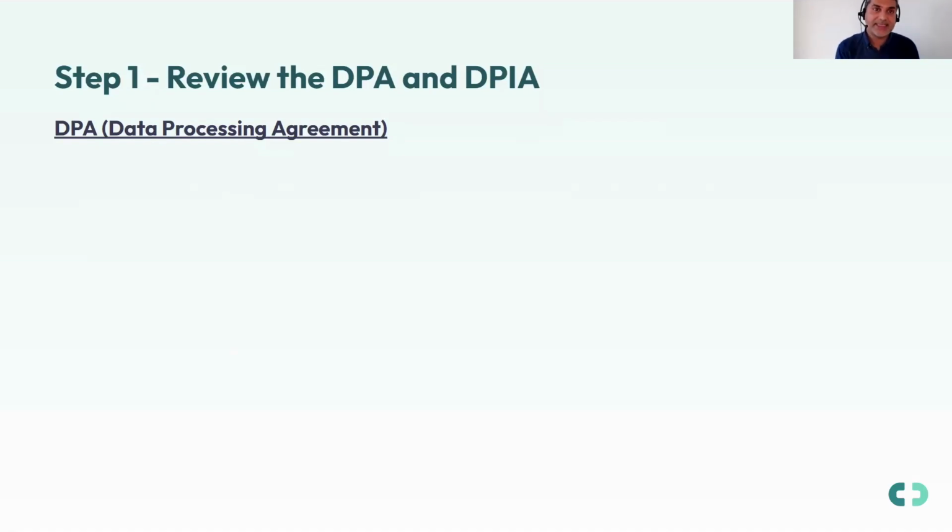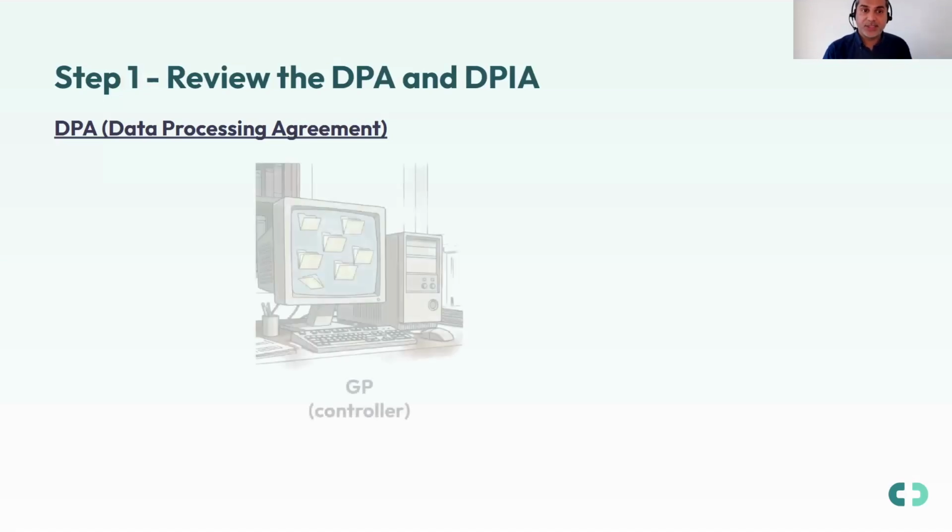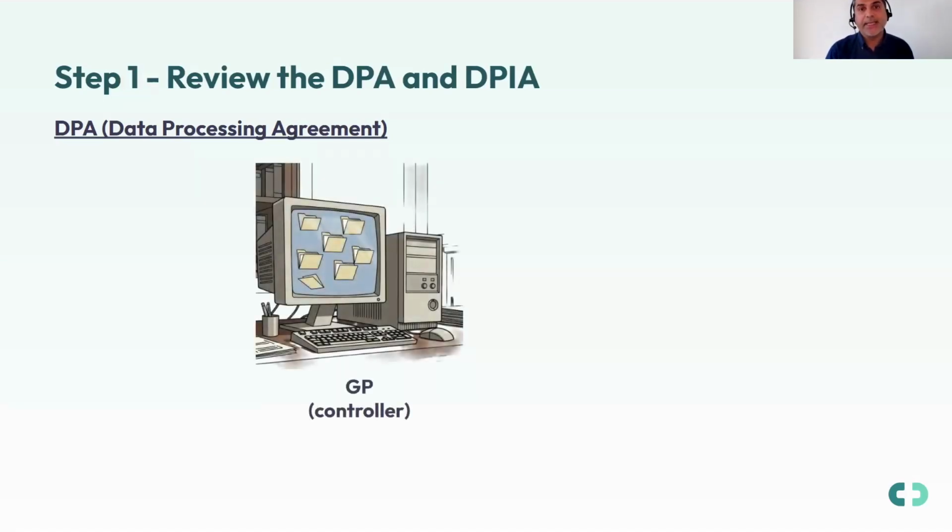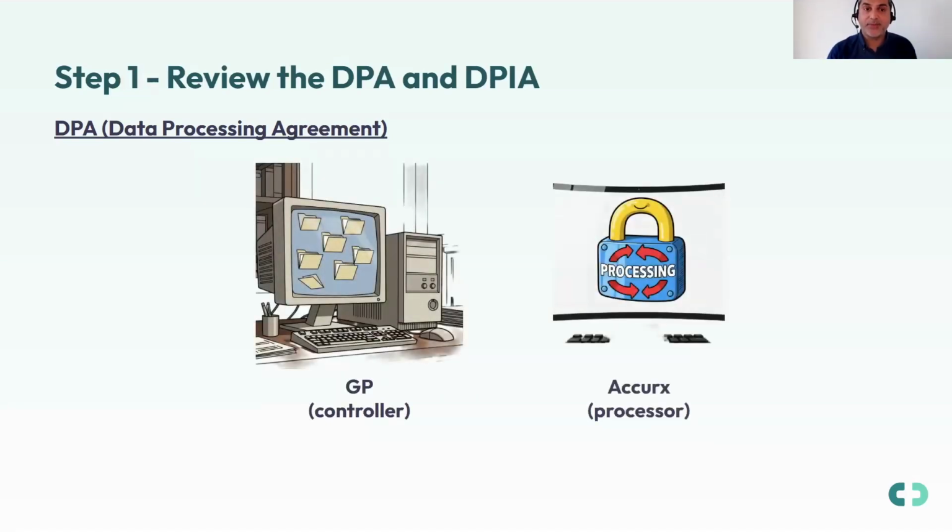Now, the DPA is the data processing agreement. It's an agreement between the GP practice, who are the controller, and Accurx, who run the Scribe with Tandem, who are the processor. So whenever you roll out a tool, you are signing an agreement between the controller and the processor, and that's what this agreement is. Certainly review that.